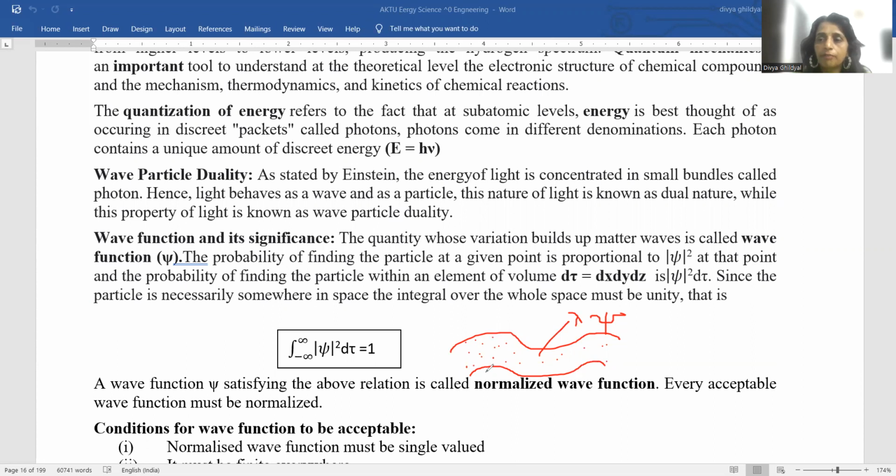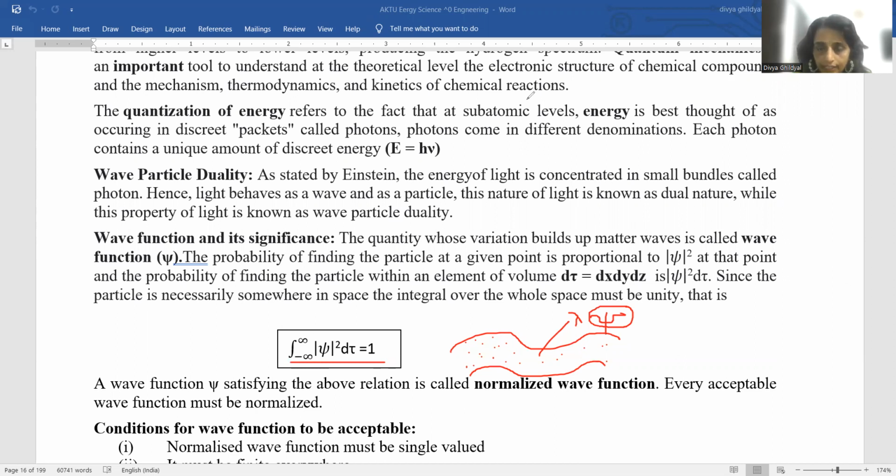Since the number of particles is very large, the wave function, in order to be acceptable for quantum physics, should be normalized. That is, the integral of this over the whole space must be equal to unity. It should be continuous so that my wave is in motion, and it should be differentiable.